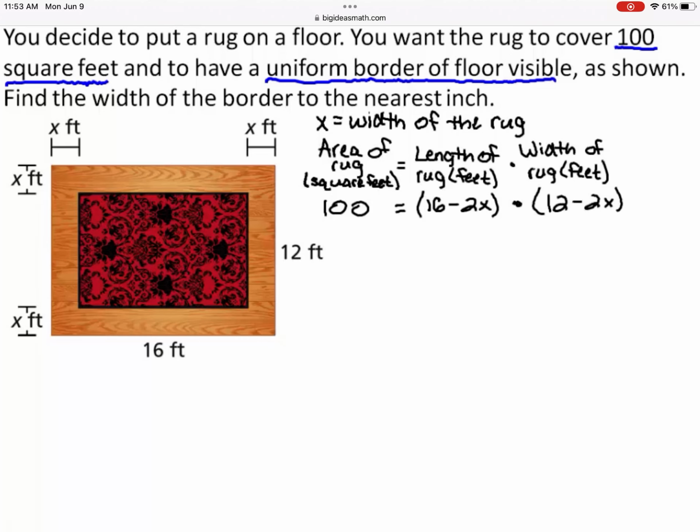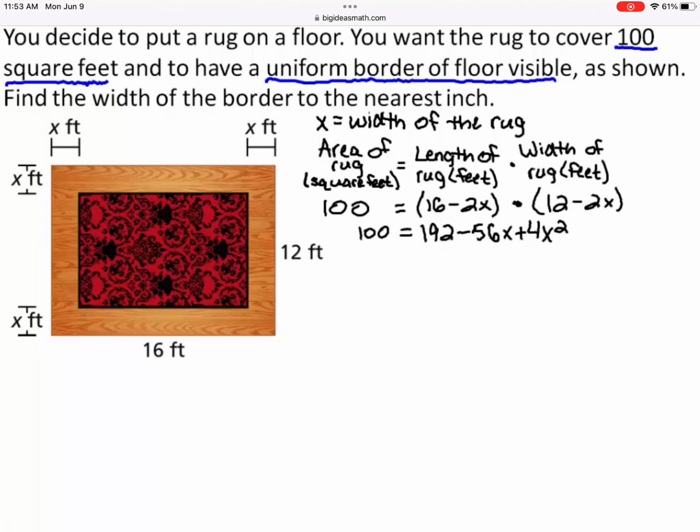Now you want to solve the equation for x. The quantity 16 minus 2x times the quantity 12 minus 2x is 192 minus 56x plus 4x squared.